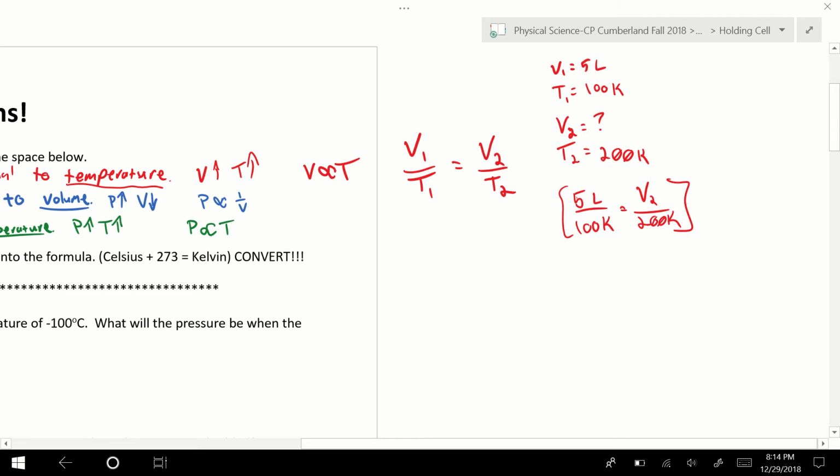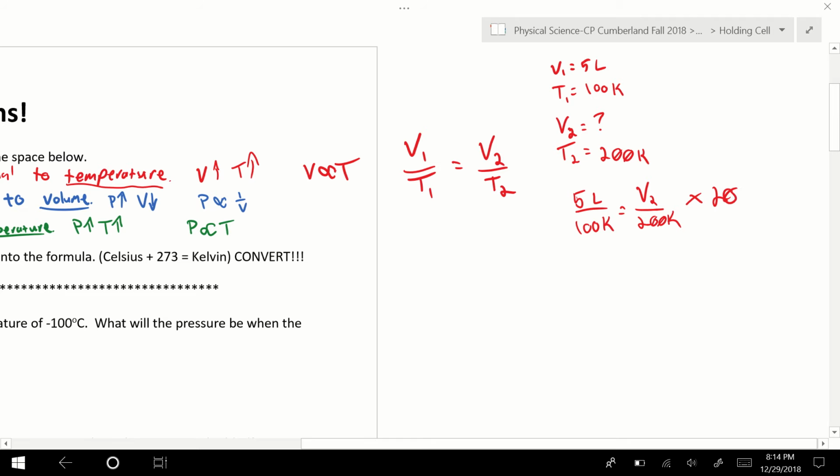You can cross multiply, where you multiply the 5 liters times 200 Kelvin and V2 times 100 Kelvin. You can do that, it's a little bit longer. I personally like the workaround of just getting V2 alone and multiplying 200 Kelvin to the other side.